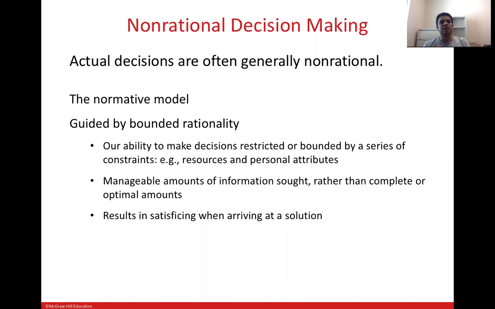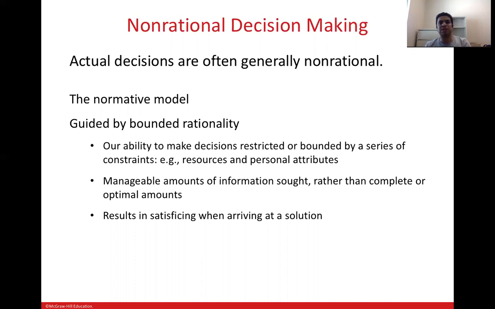One of the constraints, as I said before, could be time. Say I have to make a decision within the next day or two on how I can turn around sales for my company during Christmas time. Well, you will be guided by bounded rationality here. You'll collect as much information as possible from your retailers.